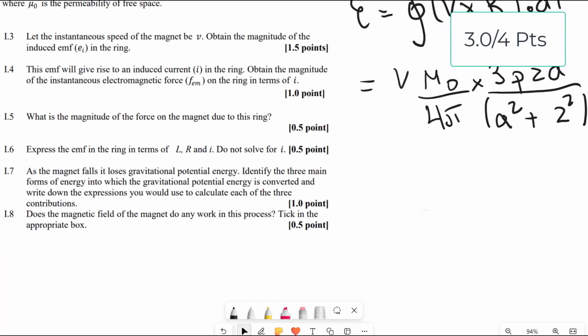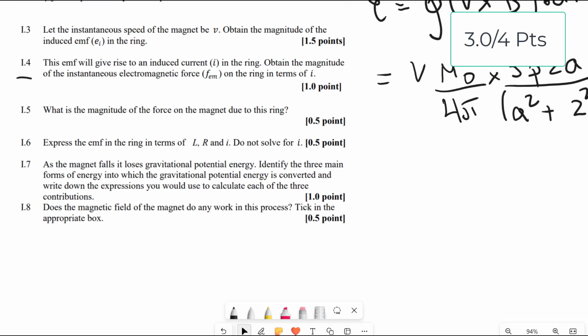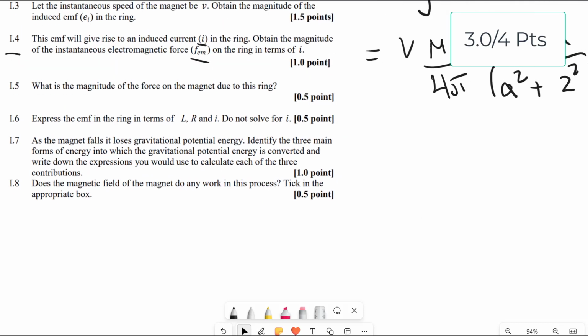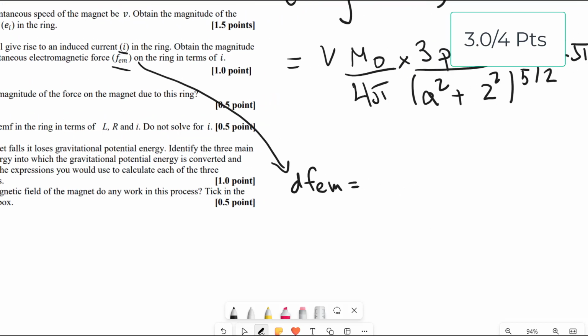Okay, next part of the question. So I.4, the EMF will give rise to an induced current I in the ring. Obtain the magnitude of the instantaneous electromotive force, which is FEM on the ring in terms of I. Okay, so the formula that we're going to use, let's just consider a small element, is that a small amount of force, let's just call that dF EM, will actually just be given by the current I, and then we're going to have the cross product of B with a small element dl.